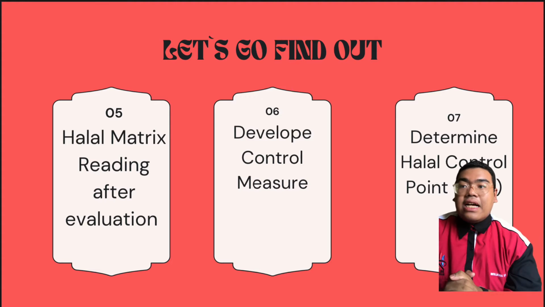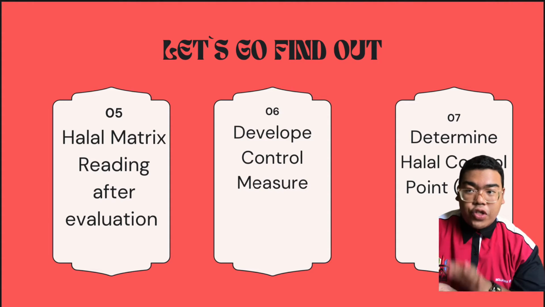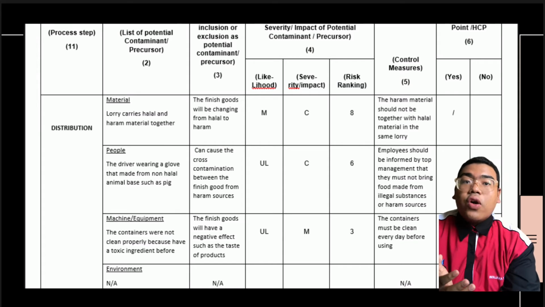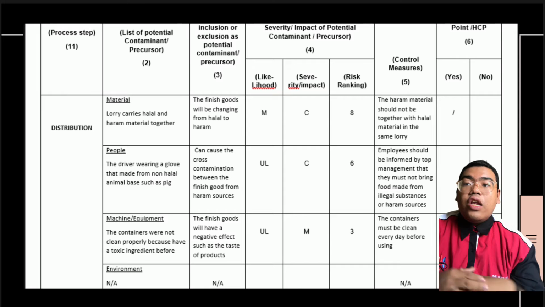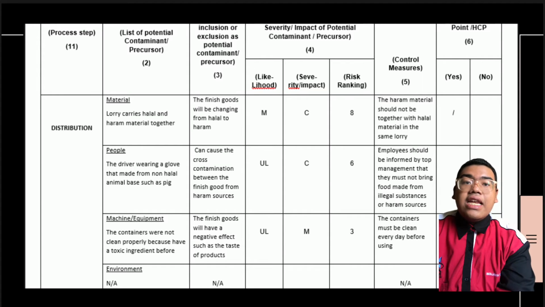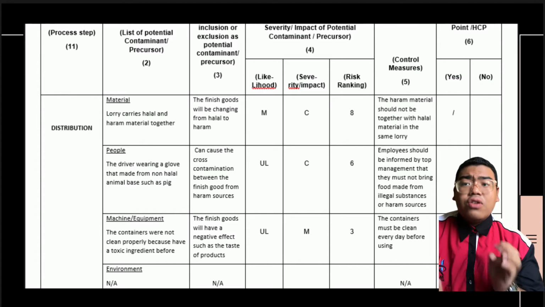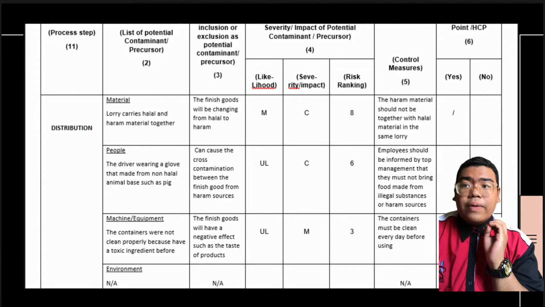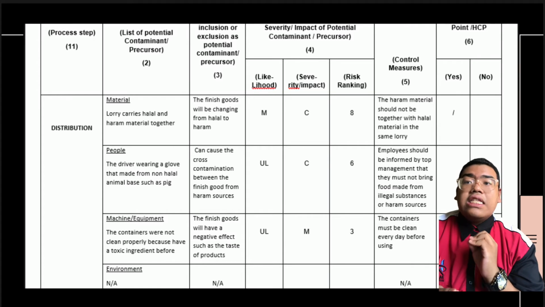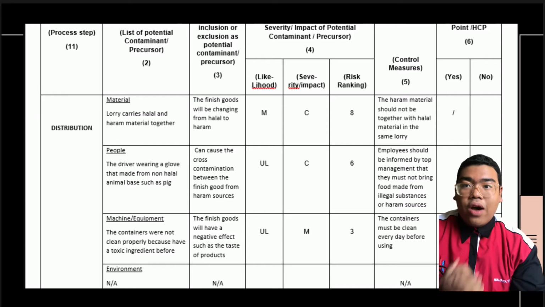For the first example, we choose the distribution process flow. The halal trait is material: the lorry carries halal and haram material together. The exclusion as a potential contaminant in our process flow is that the finished good will change from halal to haram.